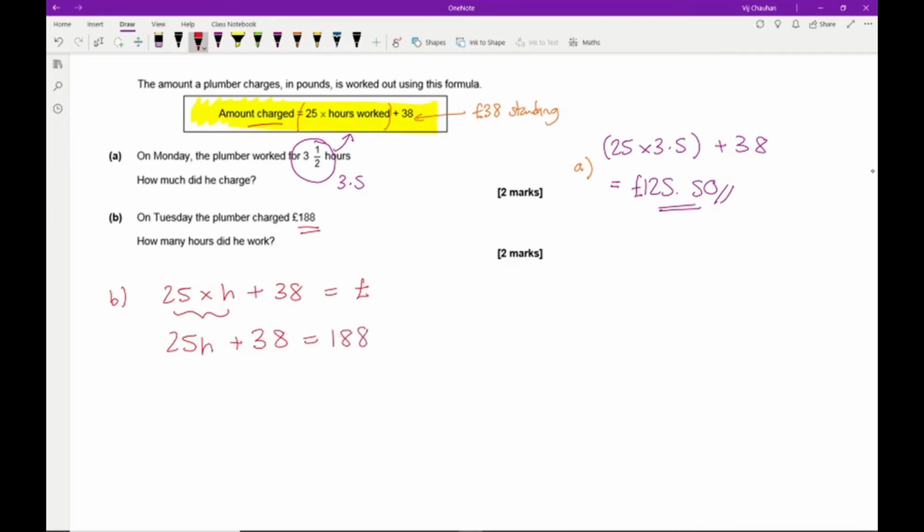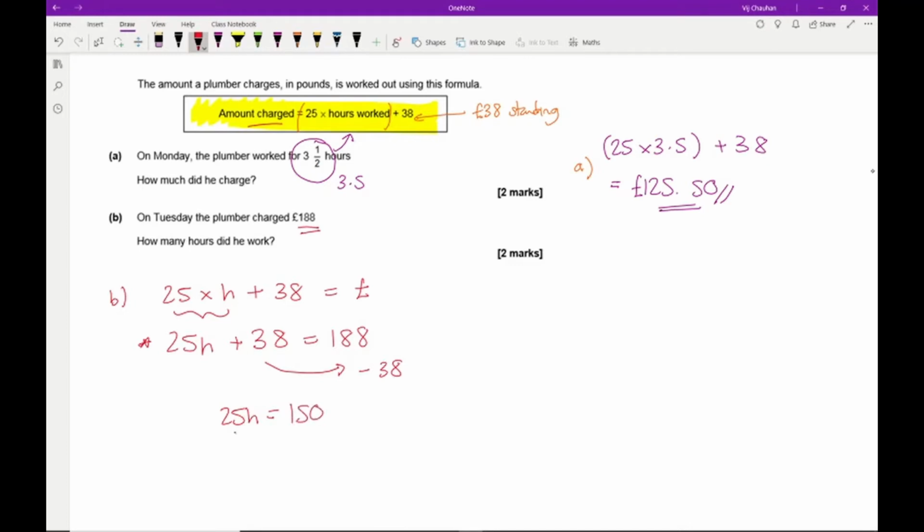Now writing it in this form, you can see how it's now turned into an equation. So I want to get h by itself, so you've got to ask yourself, what do I get rid of first, the 38 or the 25? The 38, and the 38 is adding, so I need to take away 38. So I've got 25h is equal to 188 minus 38, which gives us 150.